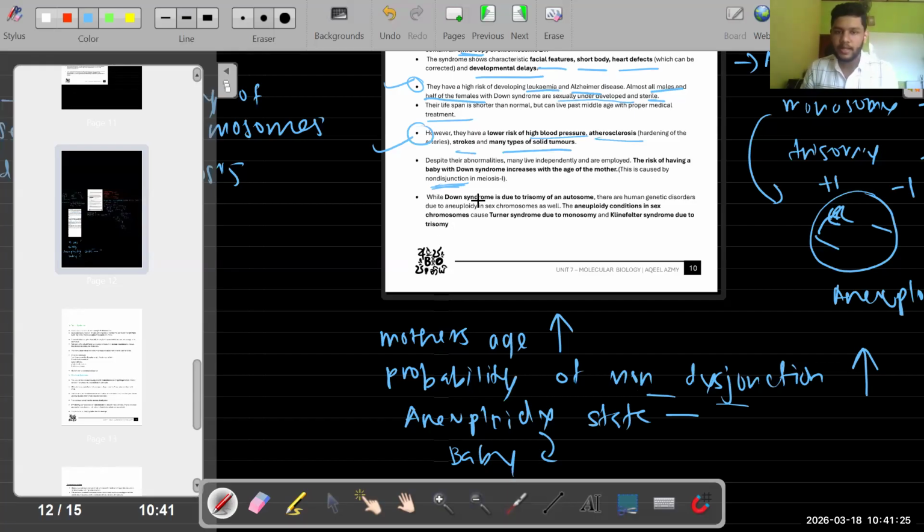Okay. Down syndrome is due to trisomy of an autosome. Now, by seeing these two words, can you remember the relationship which I gave? If you can remember, then you have understood the concept. Down syndrome is a trisomy of an autosome. Can you understand that?